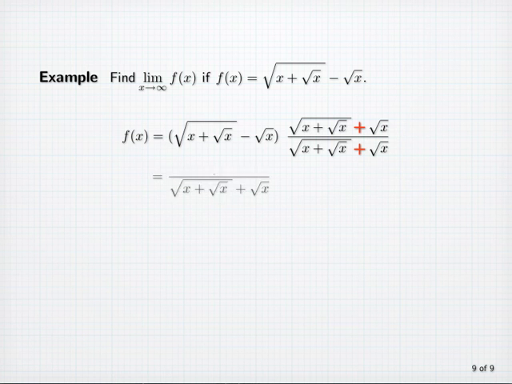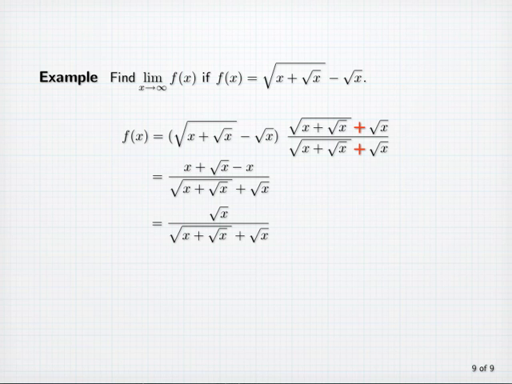This lets us rewrite the function with a denominator of the square root of (x plus the square root of x) plus the square root of x, and with a numerator that's equal to x plus the square root of x minus x.